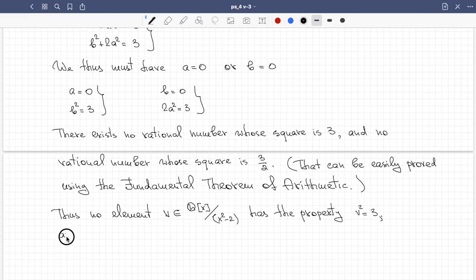And the isomorphism phi cannot exist, for that reason.